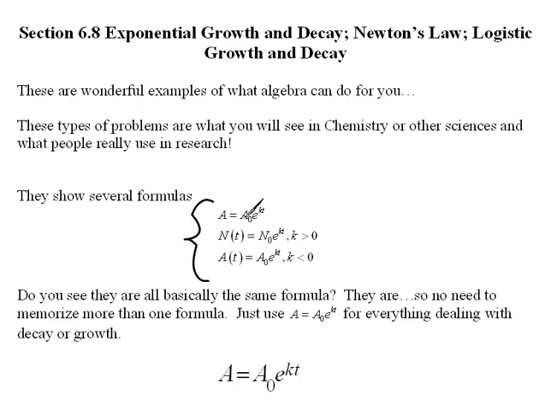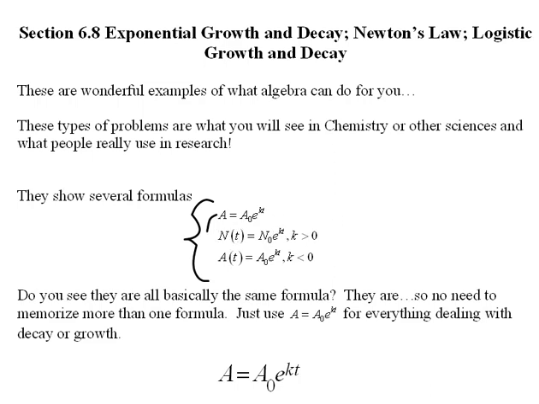You'll see things like A equals A naught e to the kt. You may also see it written in function notation, so A in terms of t equals A naught e to the kt, and then they'll say k is less than 0. Or here they're using N's and saying k is greater than 0.